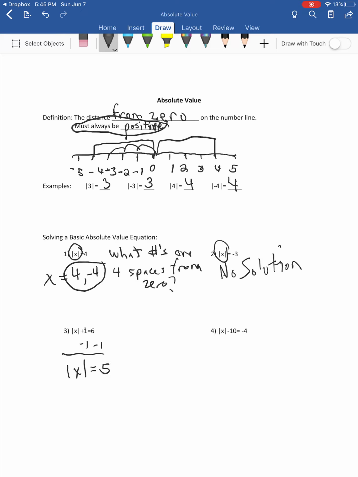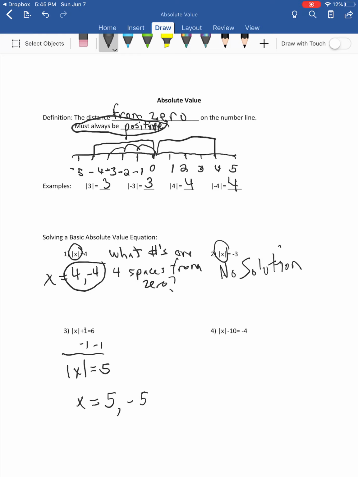Now we're going to use the same logic as number 1. When you have absolute value of x equals 5, it's asking what number or numbers are 5 spaces away from 0. Well, that's going to be +5 and -5, okay? And you're going to just enter your answers online with commas.